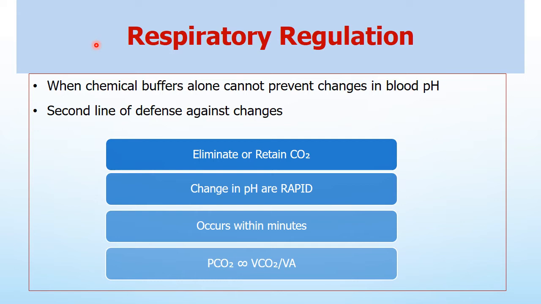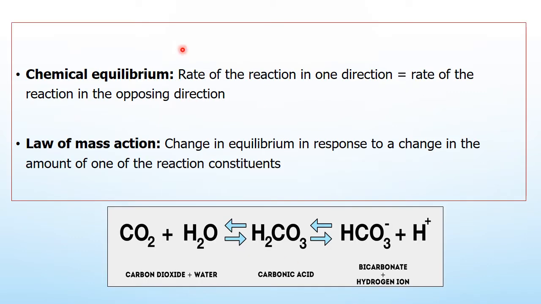Here the amount of PCO2 present in our body is directly proportional to the amount of carbon dioxide being produced by metabolism, and inversely proportional to the alveolar ventilation. We can understand the respiratory regulation by two basic principles: chemical equilibrium and the law of mass action.